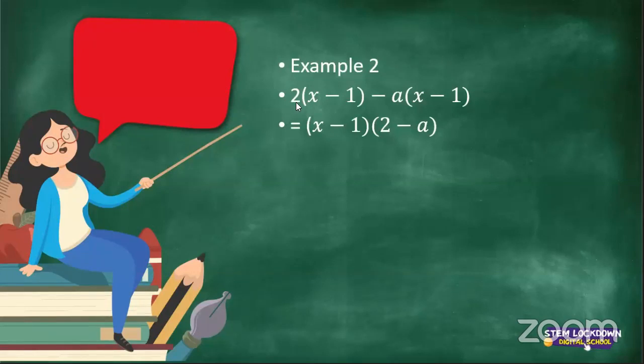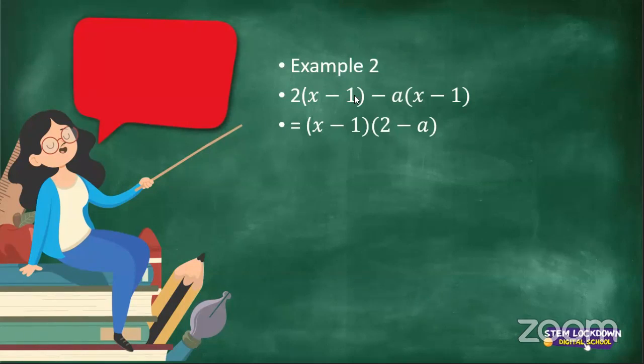You can see that we have 2 this side and we've got minus a this side. And of course, once you take out the common factor there, you'll be left with 2 minus a. Now, I want us to carry on just to look at the third example, where we are just going to factorize again.